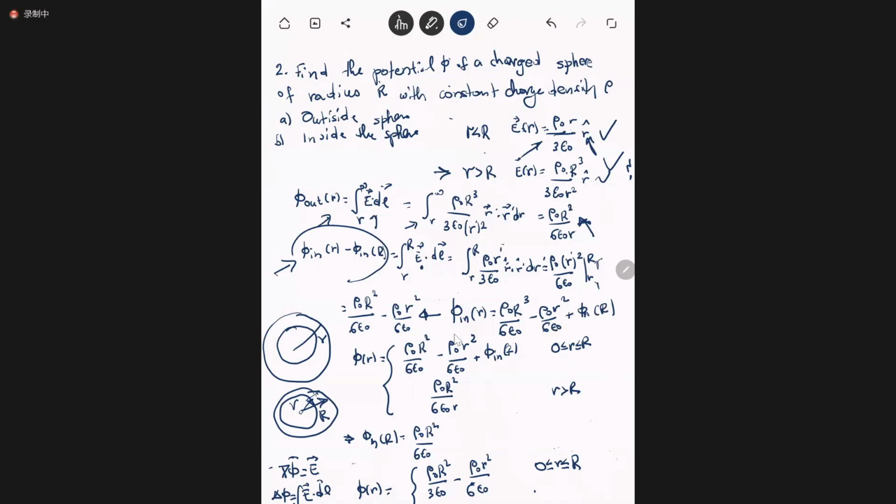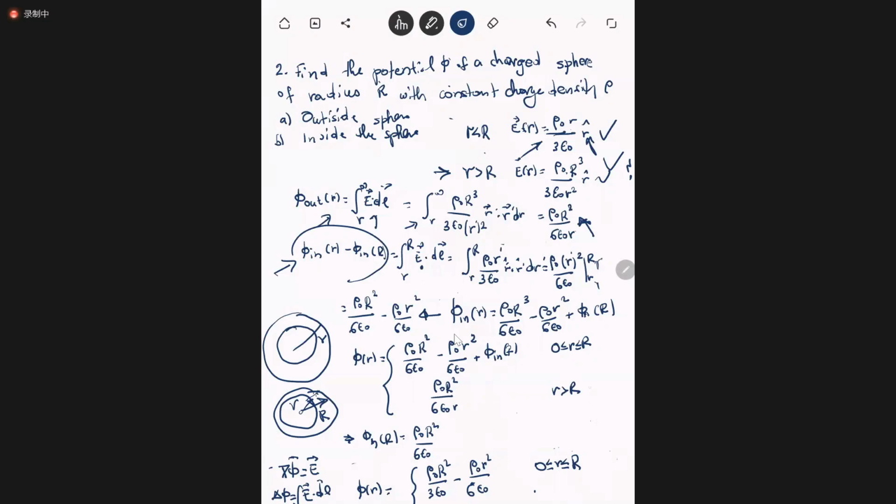Now, this is something we need to incorporate in order to find what must be this phi in at capital R. Phi in at capital R and phi out at capital R, because of the continuity of the potential, have to be exactly the same value. In other words, those two expressions that we found for small r less than capital R, and for small r bigger than capital R, have to be equal to each other.